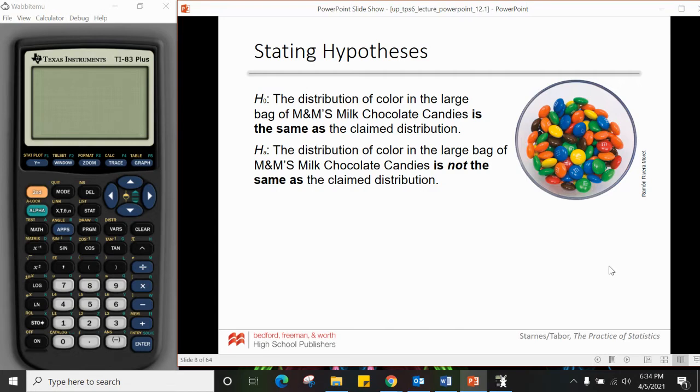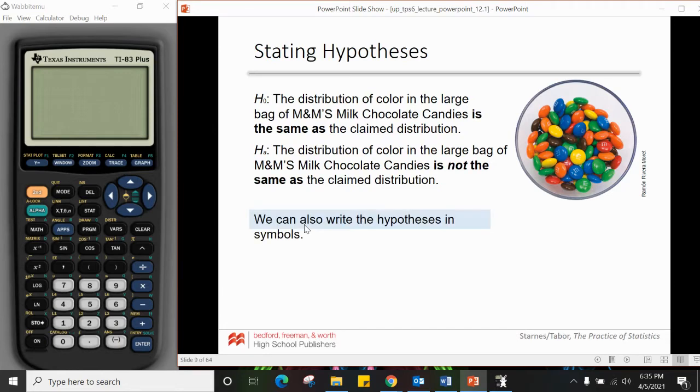The alternative is that the distribution of colors in the large bag of M&M's milk chocolate candies is not the same as the claimed distribution. So with this chi-squared test, the null hypothesis is always that it is what's claimed, and the alternative is that it is not the same. It will always be not the same.